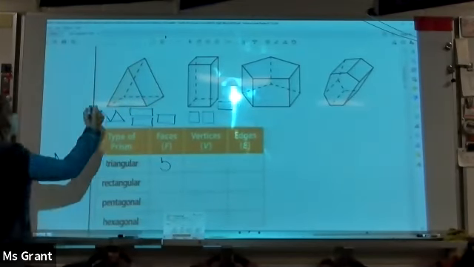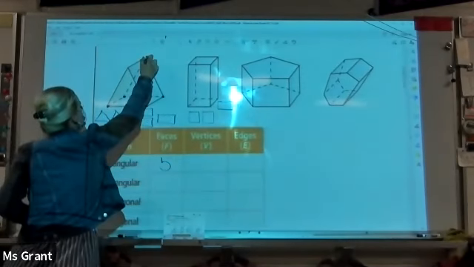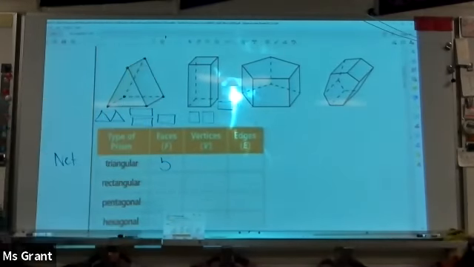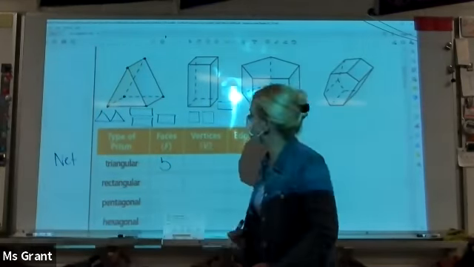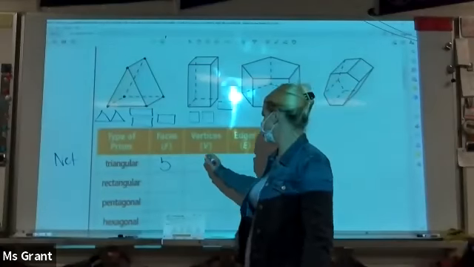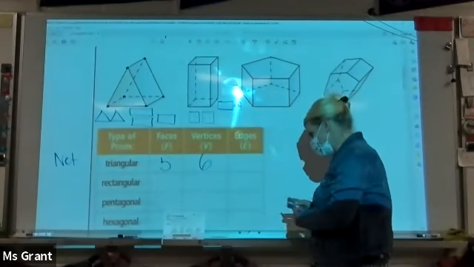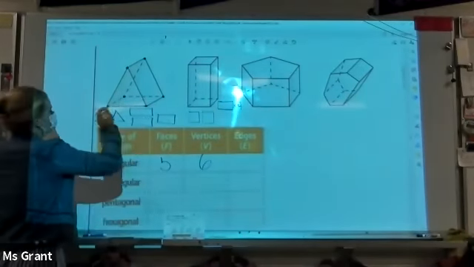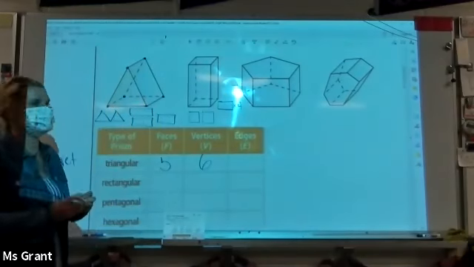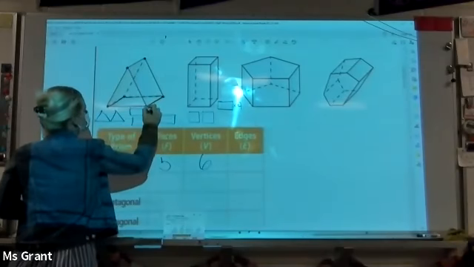My vertices, I can make with a dot. Those are the points. It's a point where they meet. So I just did 6, right? And an edge, I'm going to do in black. So the dotted line means it's behind. 1, 2, 3, 4.